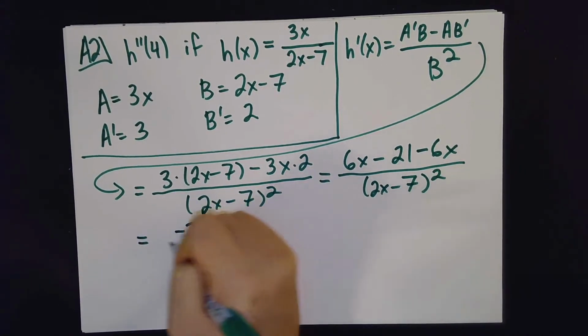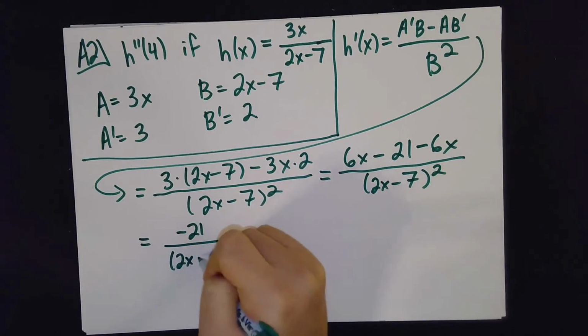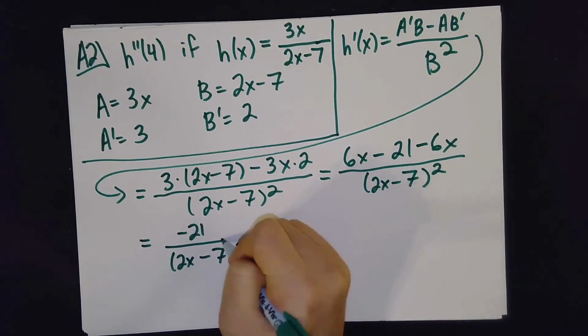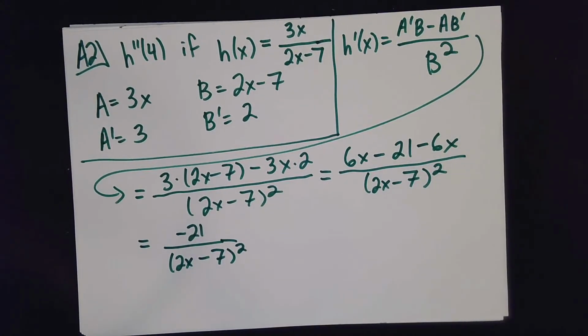So this will be minus 21 over (2x minus 7) squared. Okay, and that will be my first derivative.